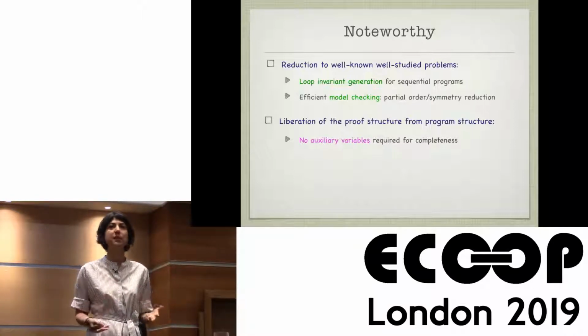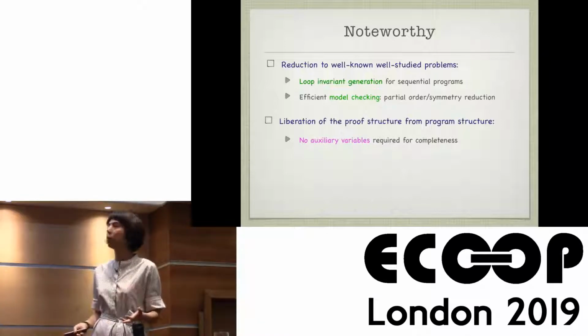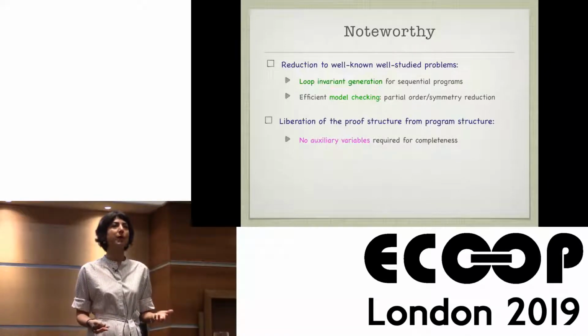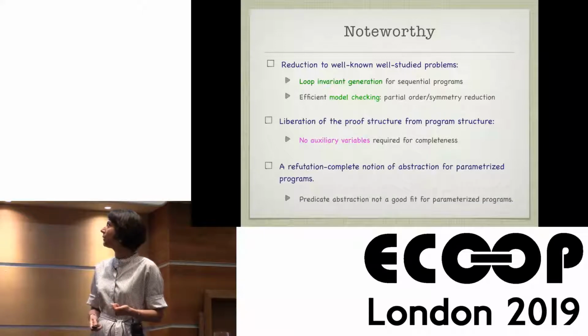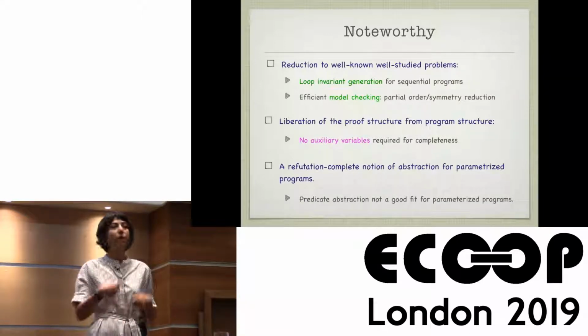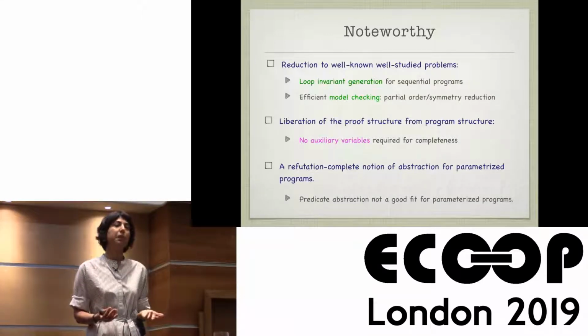So proof spaces for instances like Boolean programs, parameterized Boolean programs, are complete without the need for auxiliary variables, whereas if you wanted to do classic compositional reasoning, you would still need auxiliary variables to be able to claim completeness.